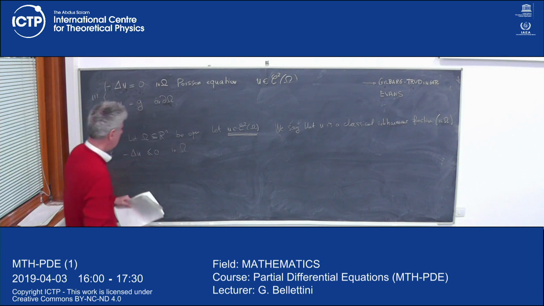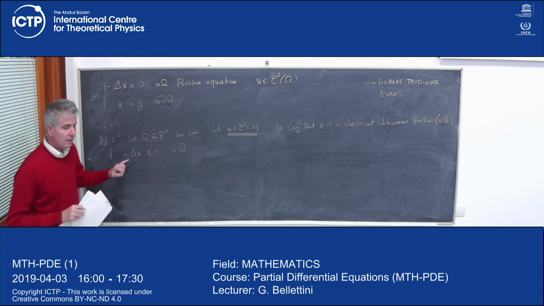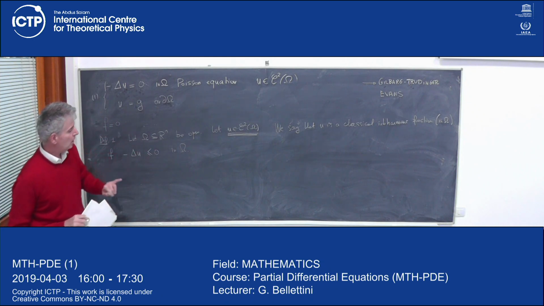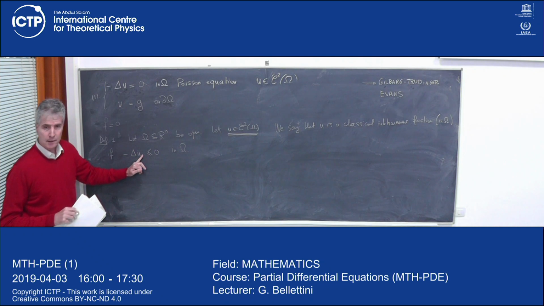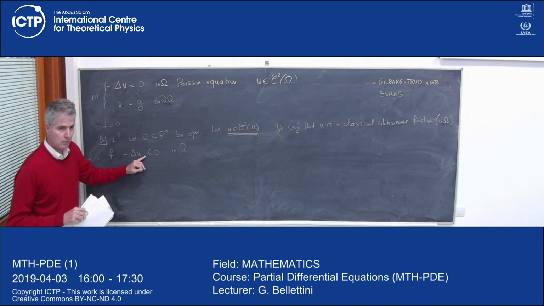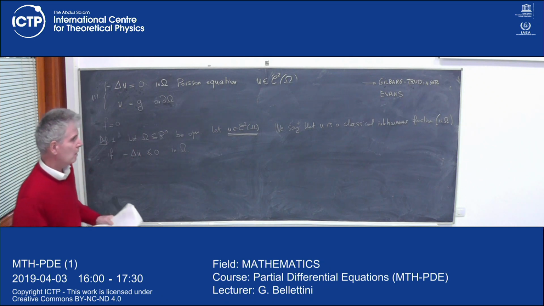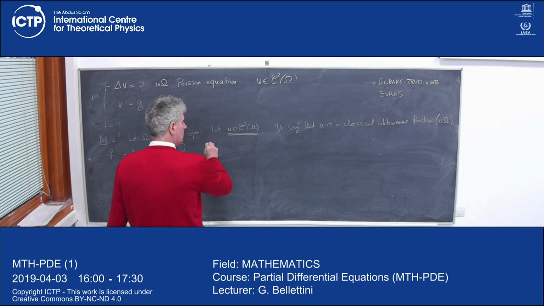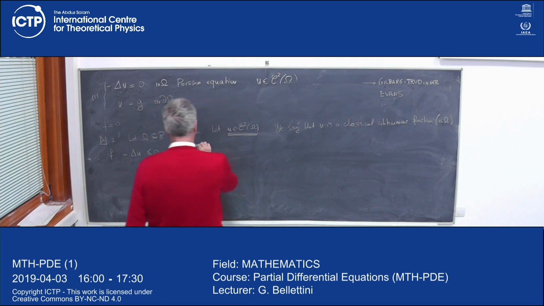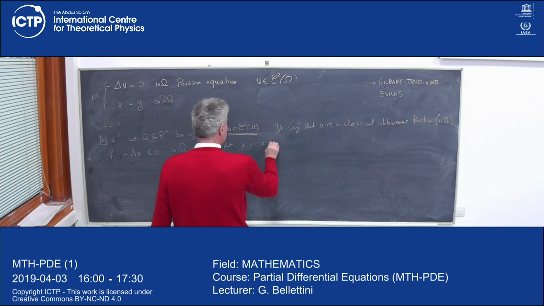What does it mean? It means this: since U is C2, at any x, minus Laplace of U evaluated at x is non-positive. Okay? So we say that U is classical superharmonic.